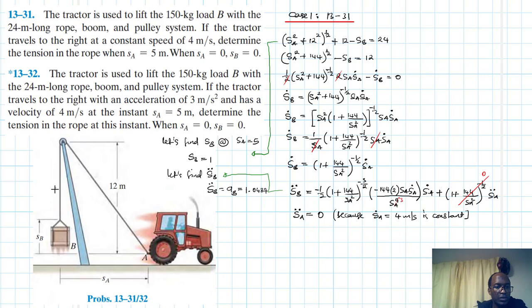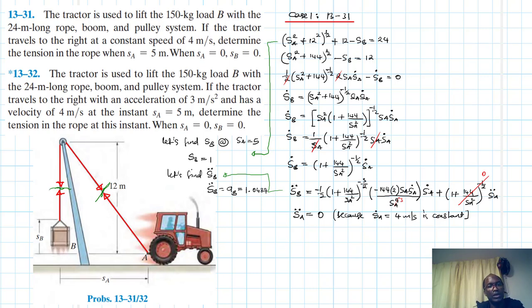So let's section this cable like so. We section it, so we expect to have some tension force like so, and also on the other side like so, and then this part here will have a tension force like so, and this part here will have a tension force like so. Okay, so there we go.